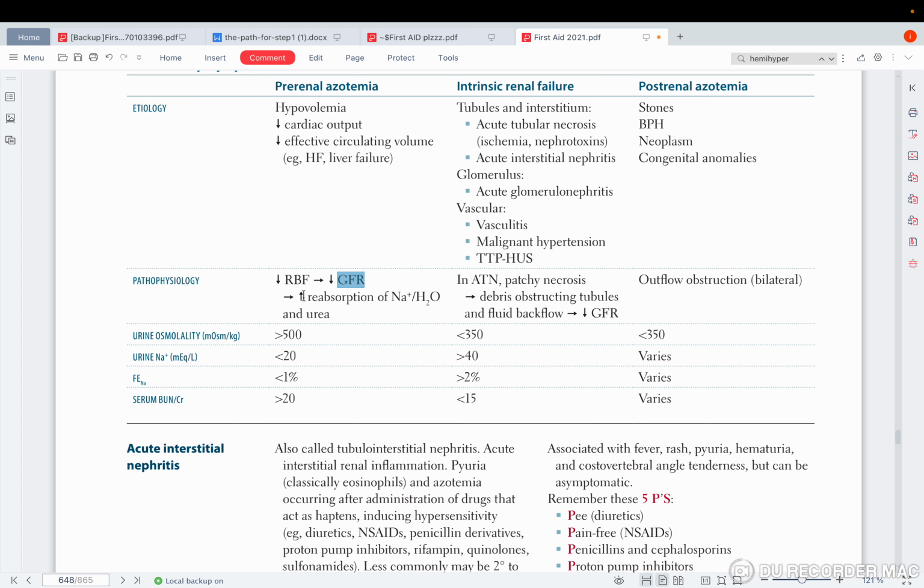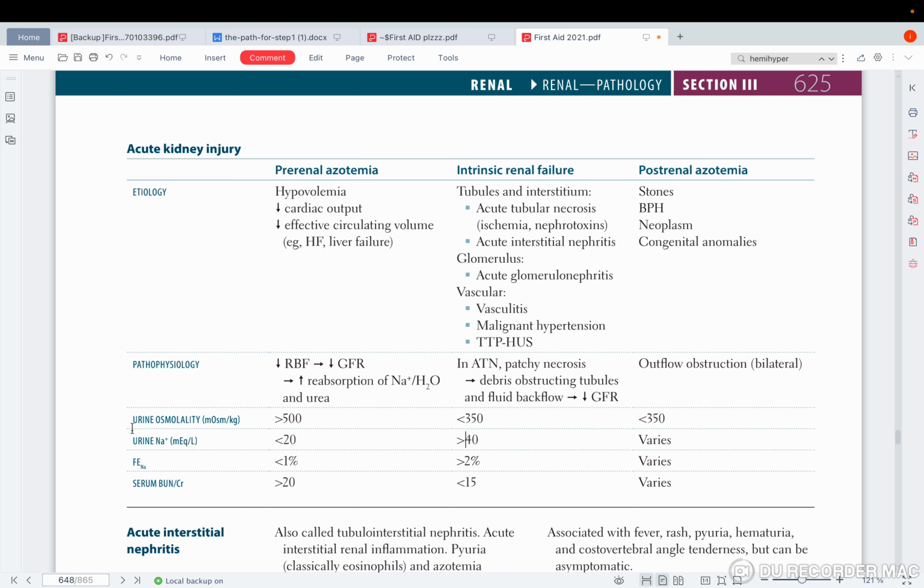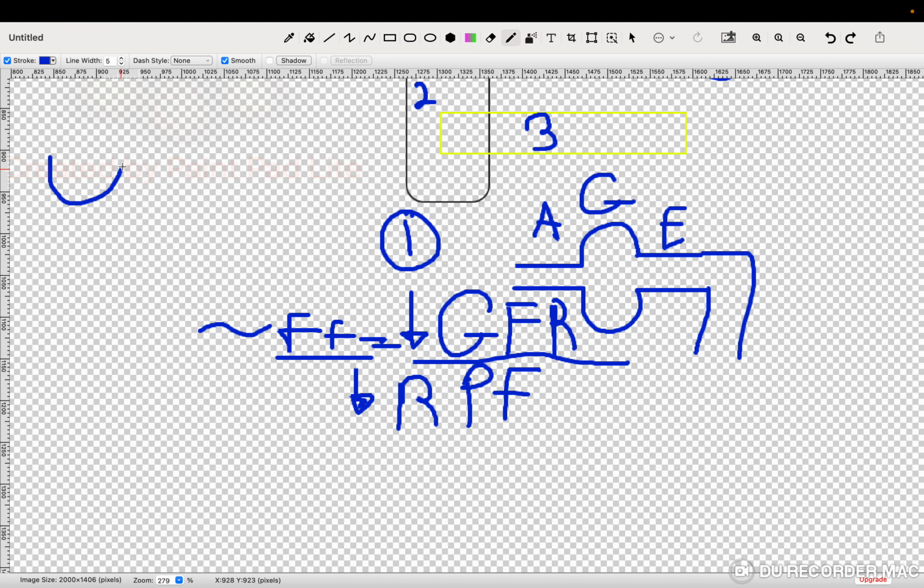So the amount of the blood filtered will be lower than usual. So tell me please, inside of the proximal tubule, will the speed be fast or slow in this situation? When you have less blood going through and less pressure inside of the glomerulus, will the speed going through the proximal tubule be faster or slower?